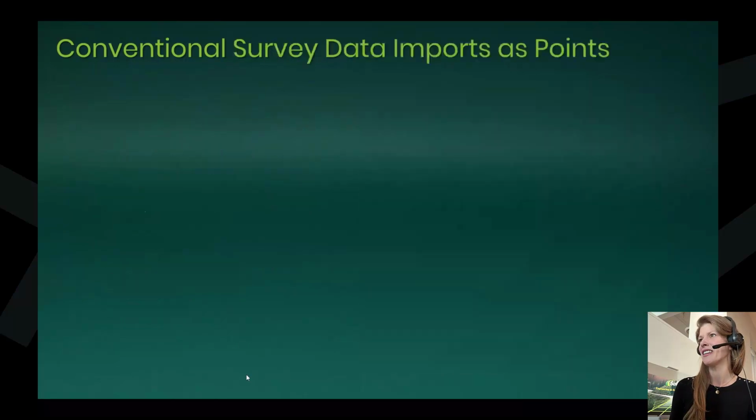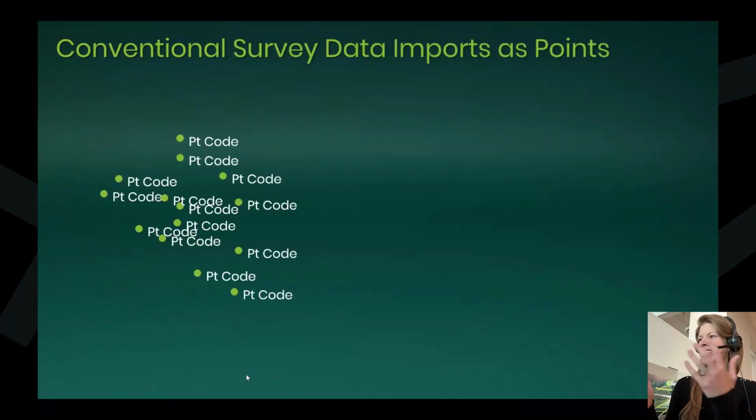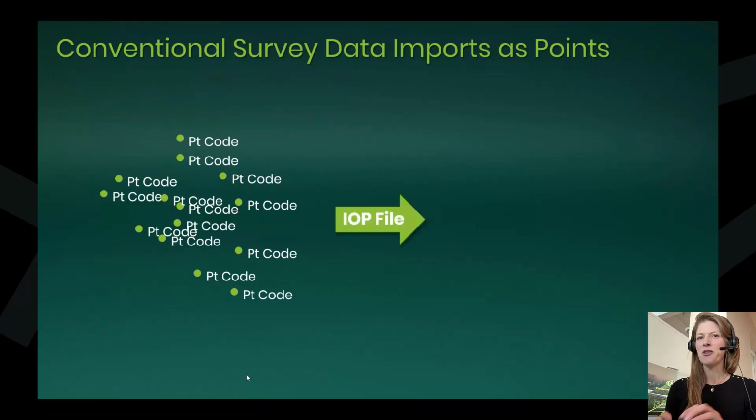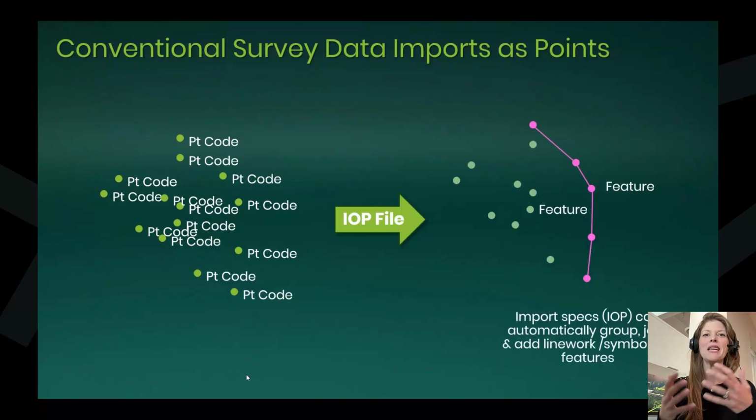So what it's doing, explained a little more graphically: you've got your data, and it has point codes attached to it. The IOP file, or the import specification, basically translates all those points and point codes into meaningful groupings of features, meaningful line work and symbology, and it can even define things like breaklines.